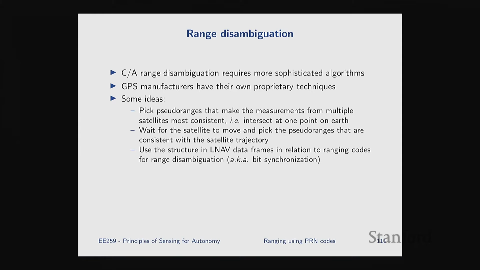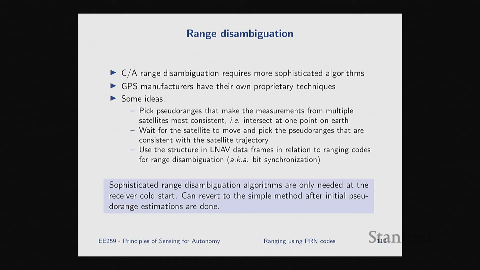It's more about the structure of the bits in the LNAV messages. There's this thing called bit synchronization, which has to do with how the codes and the navigation message frames are arranged inside the GPS data packets, and that can help you disambiguate. It gets a bit technical, but I just wanted to put the idea out there in case you want to read more about it. So you could use these or other ideas to disambiguate.